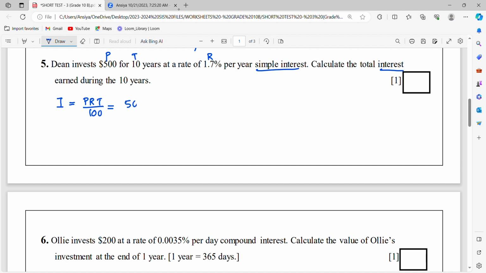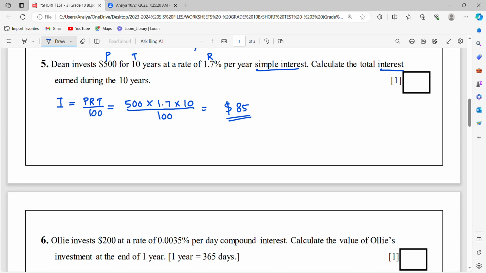Direct question and direct substitution. All of you take your calculator and find it. 500 times 1.7 times 10 over 100. So $85.